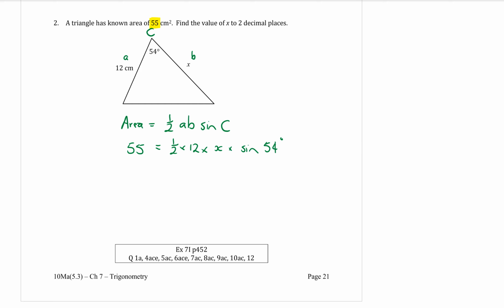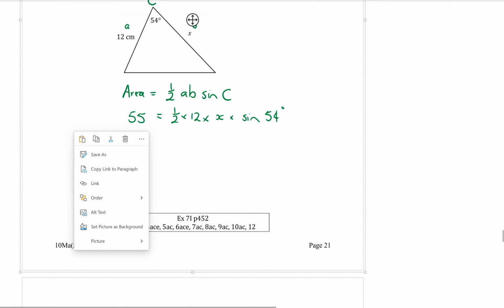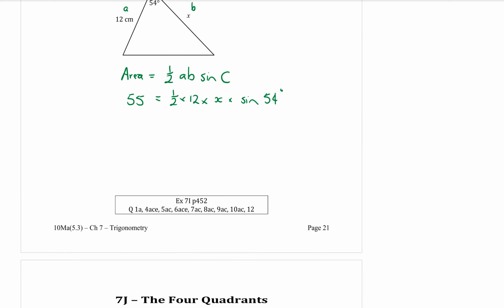I want to rearrange that whole equation. First of all, let's simplify it a little bit. The half of 12 is 6. So that means I get 55 equals 6x times the sine 54. Okay, now the x is the part that I want, remember? So I want to divide the 6 and I want to divide the sine 54 away.